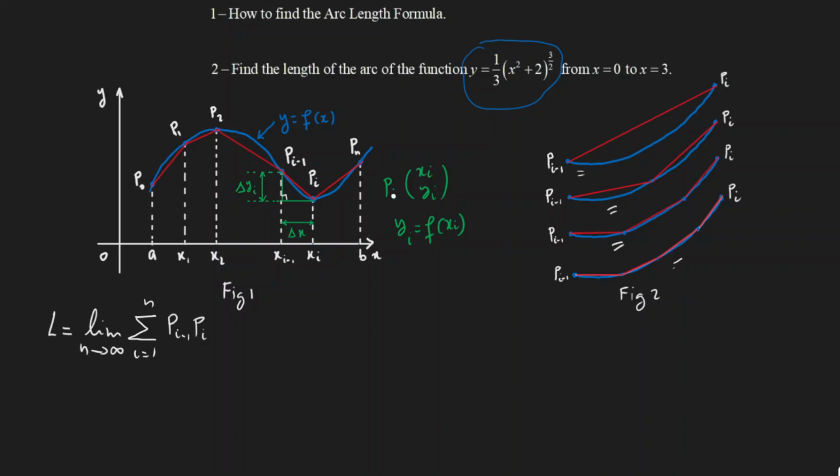Of course, given that we have Pi with coordinates xi, yi, yi will be equal to f of xi, because Pi belongs to our curve.